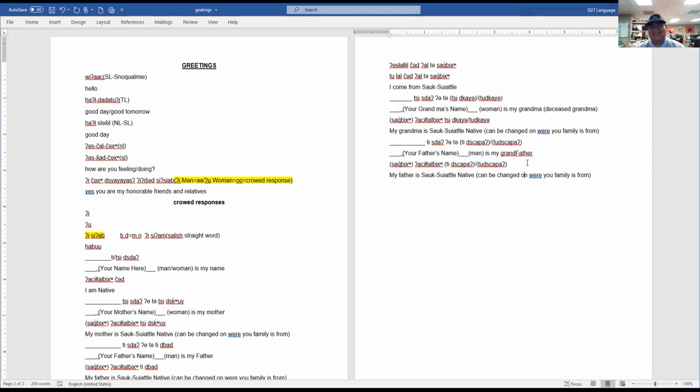Eventually it switches to one word for both masculine and feminine, but you've got to be old enough for them both to work as the same word.